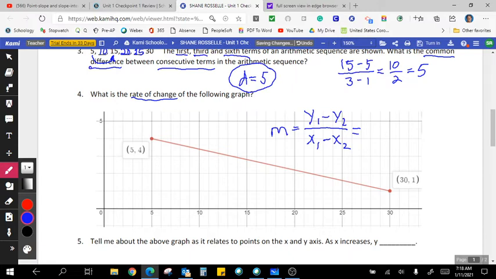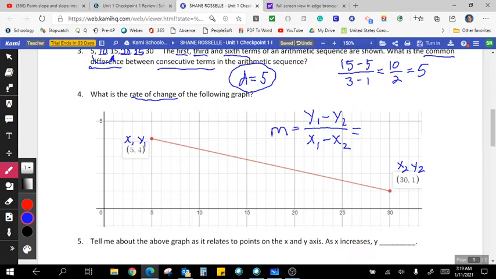All right? So I have the y values and the x values. Okay, so we're going to call this point, this will be our first point, and we're going to say this is x1 and this is y1. So therefore this would be x2 and this would be y2. And now what we're going to do is just plug in what we have. So what's y1?